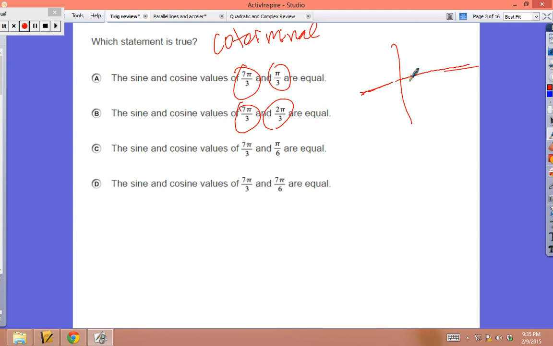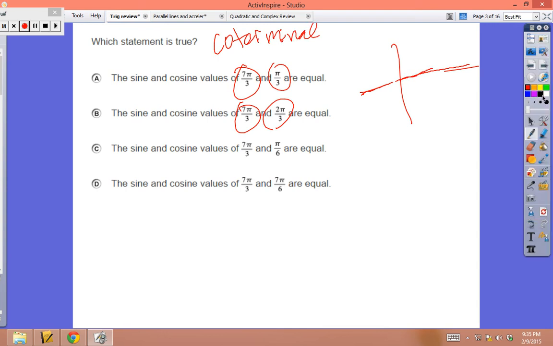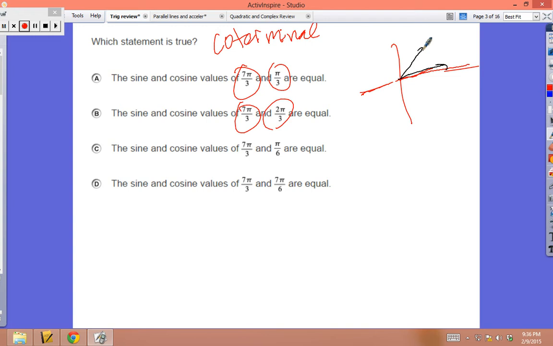And coterminal angles, so if I've got an angle that's 30 degrees, so it ends up in quadrant 1, the trig on 30 degrees is going to be the same thing as if you add a full rotation. If you add 360 to it, that's going to be 390.